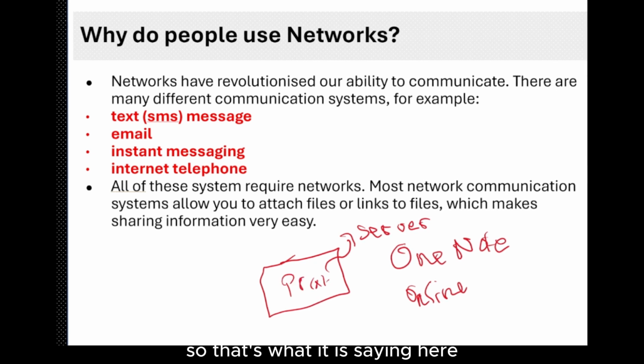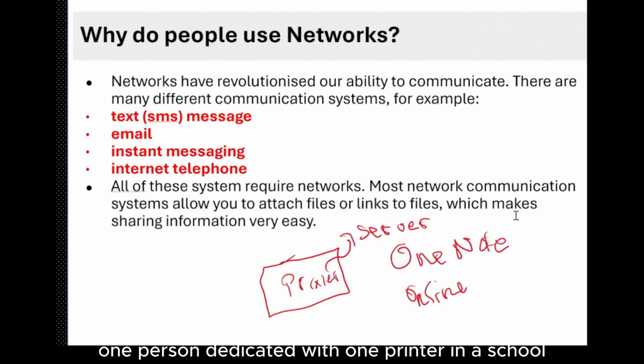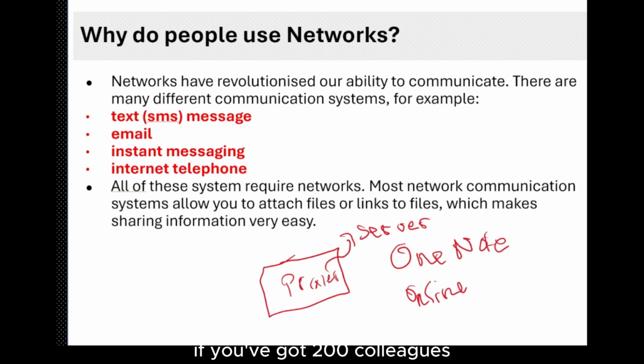That's why we need networks, because you don't need to have one person dedicated to one printer. In a school, if you have, say, 200 colleagues, they are all printing to one or two printers, which will release your print job once you put in your username and password.